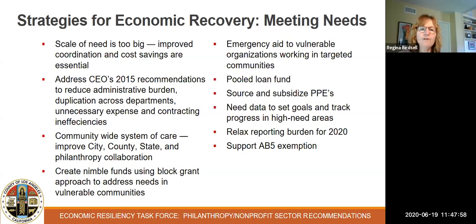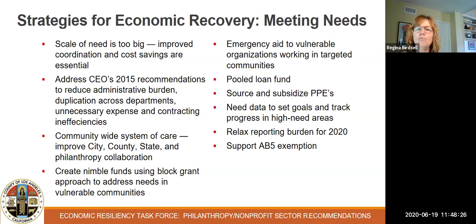So what we felt might help on the public side was really looking at a community-wide system of care. But in the meantime, while the county is thinking about ways to spend money, that we create some sort of block grant style approaches to give organizations more opportunities to respond to needs and less oversight time for the county.